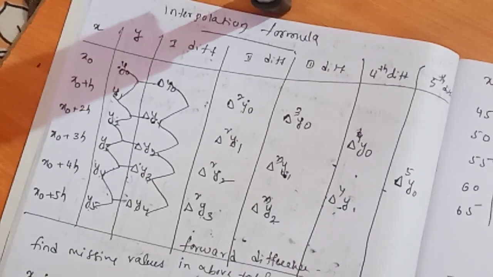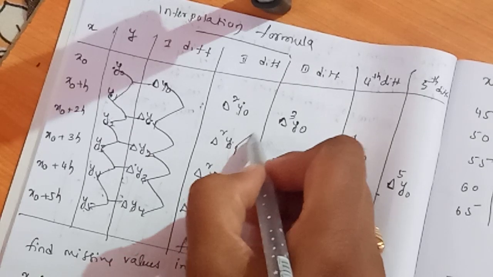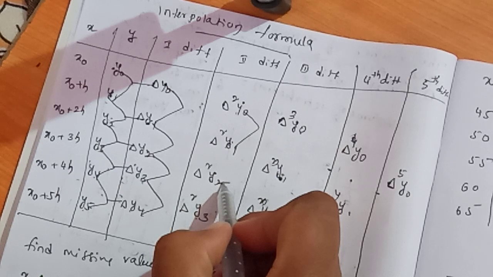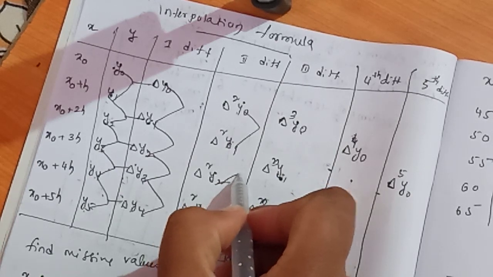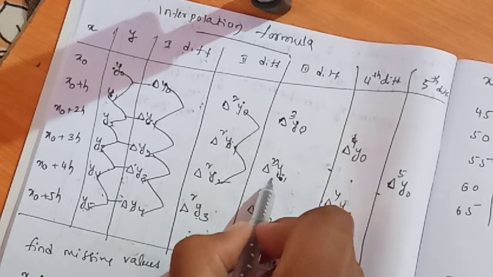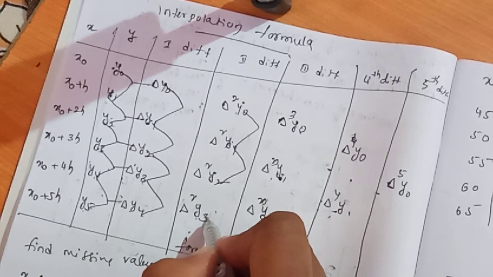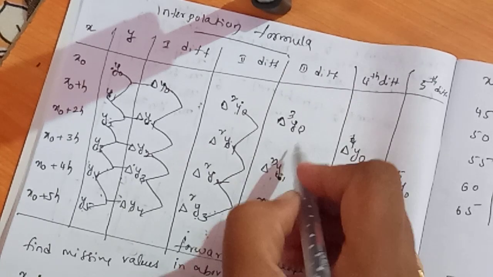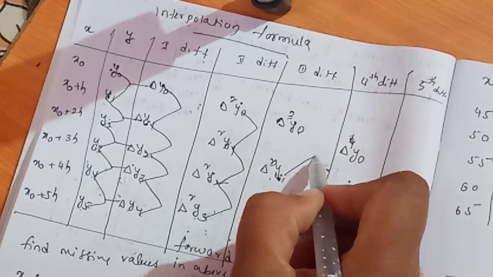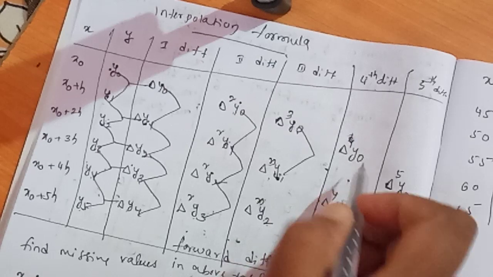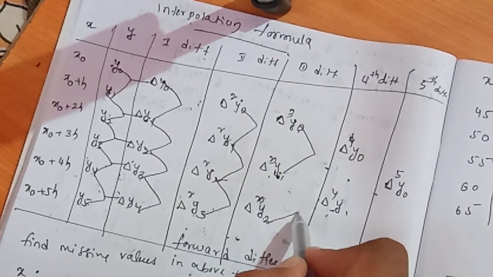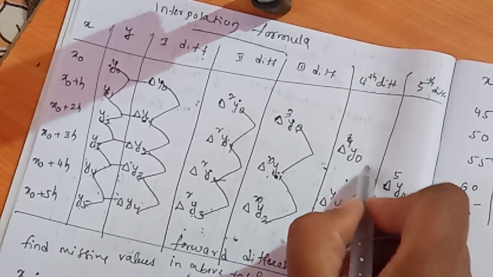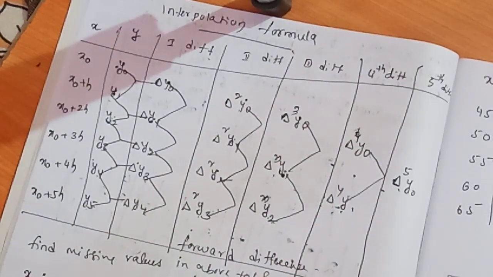And again delta square y1 minus delta square y0, delta cube y0. Delta square y2 minus delta square y1, delta cube y1. Delta square y3 minus delta square y2, delta cube y2. And again delta cube y1 minus delta cube y0, delta 4 y0. Delta cube y2 minus delta cube y1, delta 4 y1. And again these two minus, delta 5 y0, right?